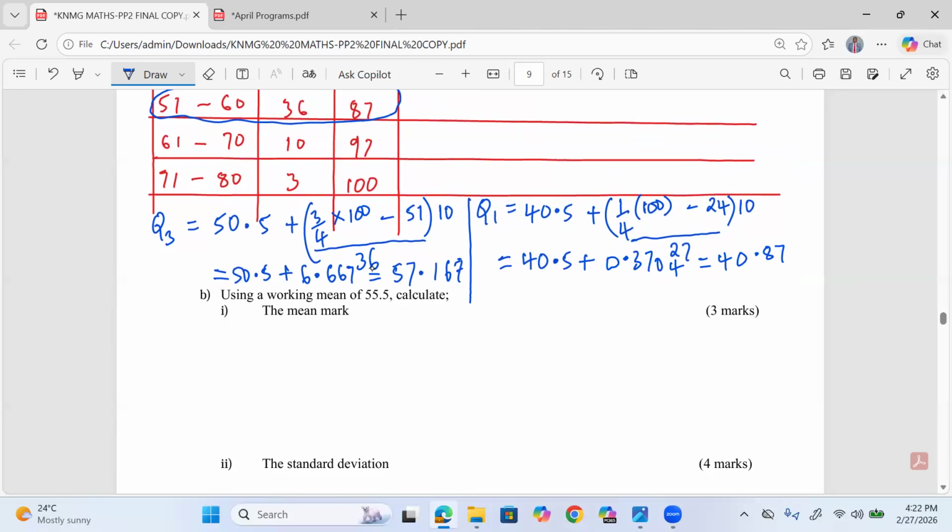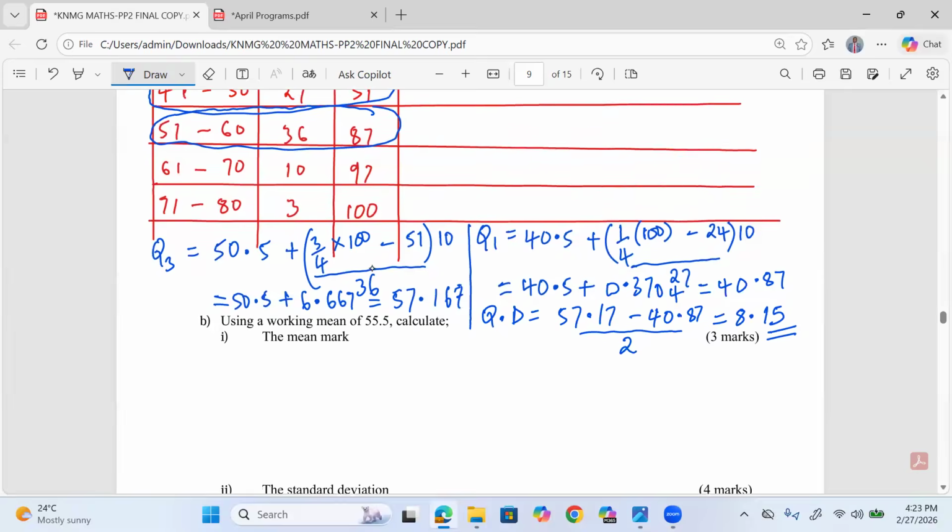So we can now take the quartile deviation to be given by Q3, 57.17, minus Q1, 40.87, divided by 2. So 57.17, and I subtract 40.87, then I divide by 2, I will get exactly 8.15. So this is our quartile deviation.